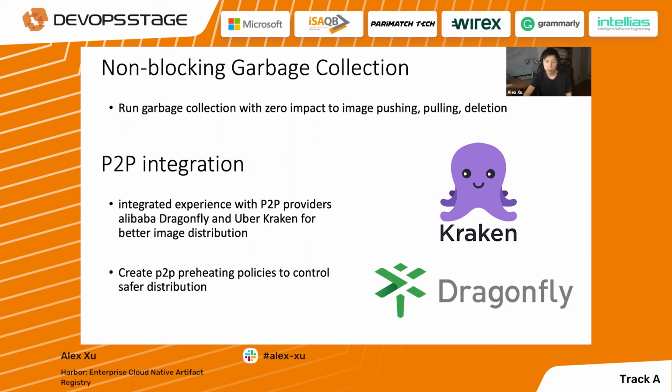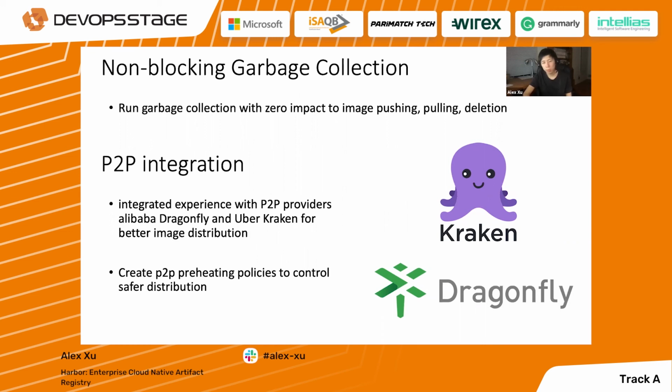It's really a way to leverage existing P2P vendors like Alibaba Dragonfly and Uber Kraken, which are both CNCF projects, for better image geo-distribution to thousands or tens of thousands of nodes, which is something that is not really tested on Harbor. We want to leverage their superior P2P distribution mechanisms to do this.